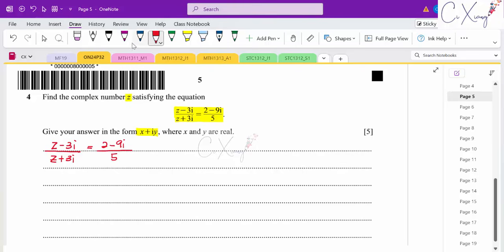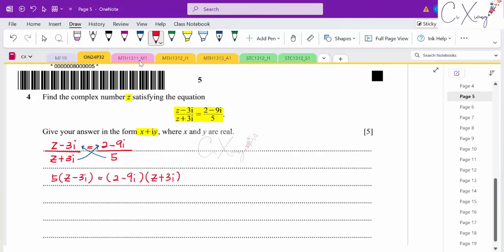So if I want to get rid of the denominator, what I do is I cross product the denominator to the other side. Okay, this one also I multiply it to the other side. So by right I should be having 5, then z minus 3i, okay, equals to 2 minus 9i, then z plus 3i. Okay, so this is the first step that I carried out.